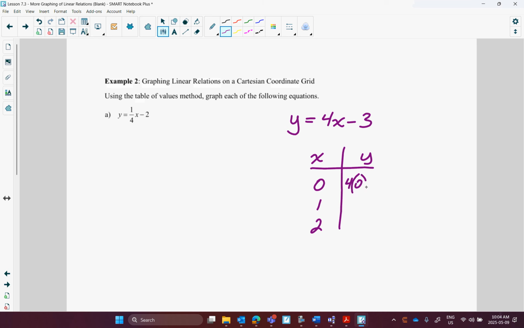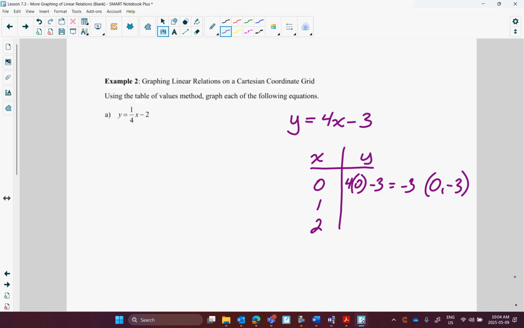So we have to do 4 times 0 minus 3. It's negative 3, because 4 times 0 is 0, minus 3 is negative 3. So one of my points that I need to graph is 0, negative 3. I need more than 1 point to draw a line.